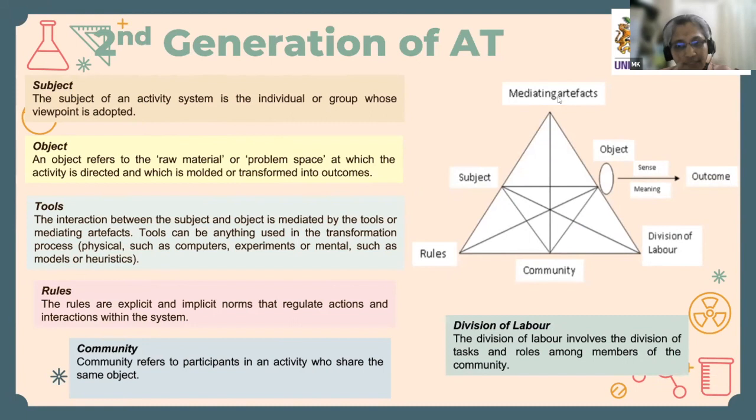The artifacts that we are introducing in this study are the green chemistry experiments, or the artifacts are also known as tools. So the artifacts or the tools that we are introducing in this study are the green chemistry activities and experiments. So the subjects, the students, will be handling the artifacts in order to achieve the objective.